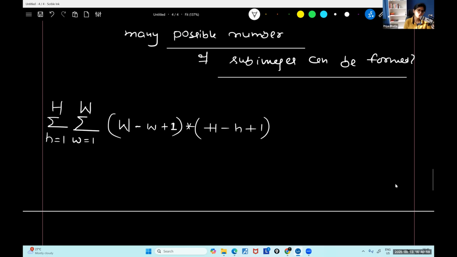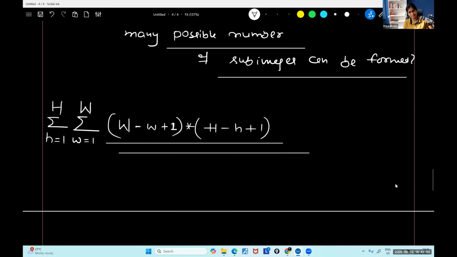So I hope you can imagine, if I am talking about, let's say, 224 and 224, and considering that small w and small h start from 1 and 1, it will be 224 minus 1 plus 1 into 224 minus 1 plus 1.